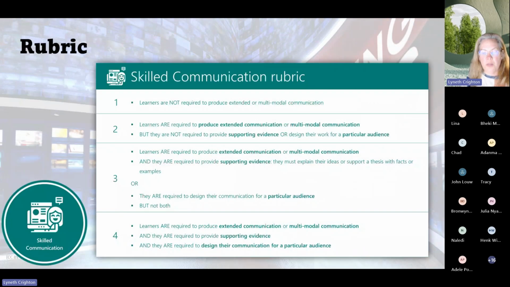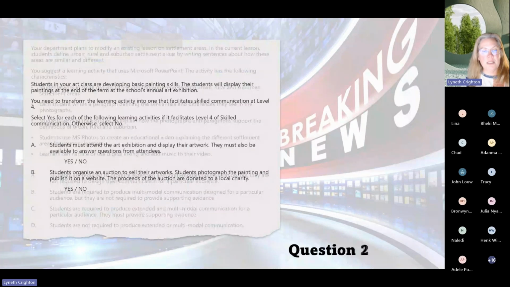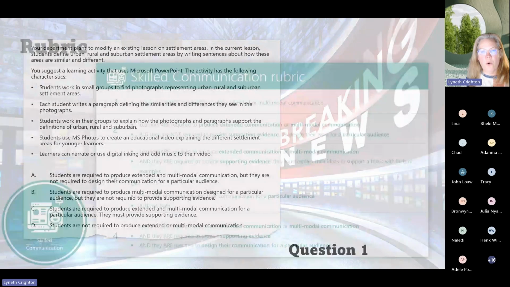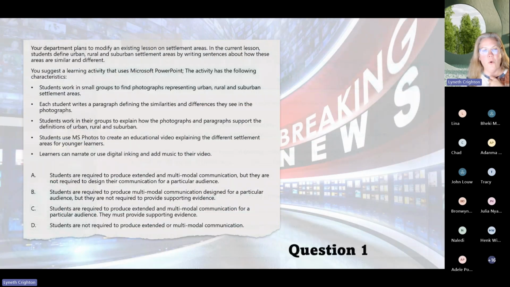There is supporting evidence because they have found photographs and written paragraphs to say why they explain it the way they do. And lastly, to make a level 4, they have to design it for a particular audience, and the activity is for them to explain it to younger learners. So, do you agree with me? It's a level 4.